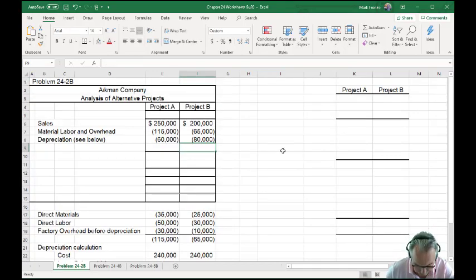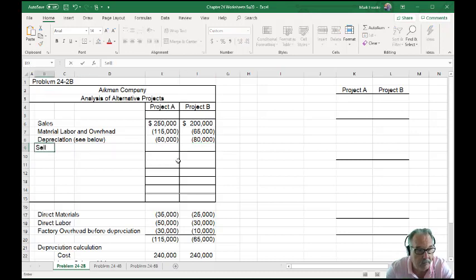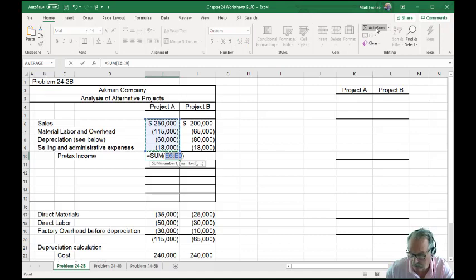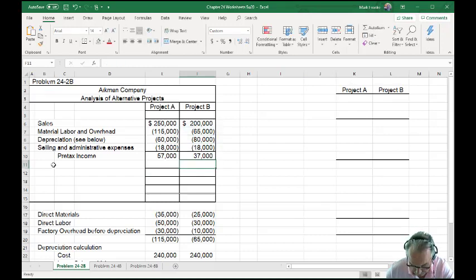Okay, and then we have some selling and administrative expenses, which are going to be the same, $18,000 for both projects. So our operating income or pre-tax income is $57,000 for project A, $37,000 for project B.